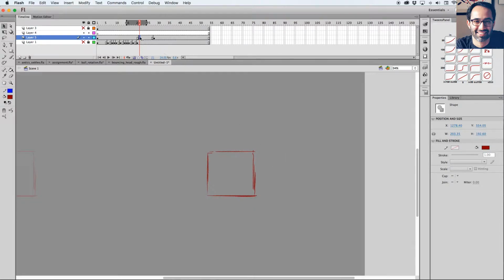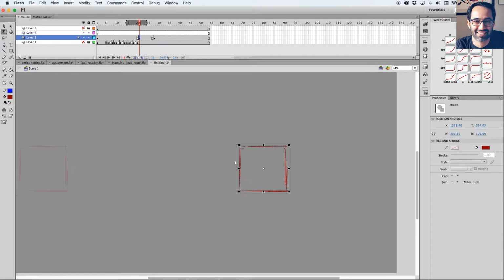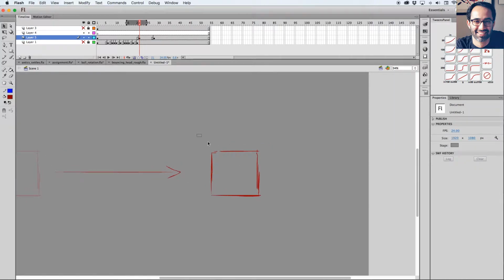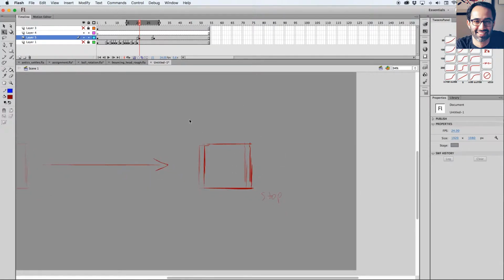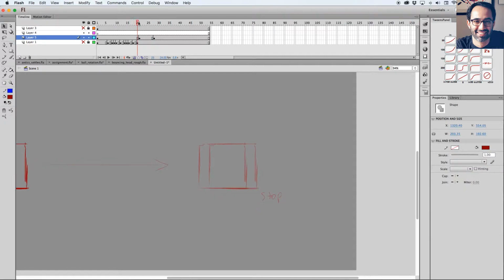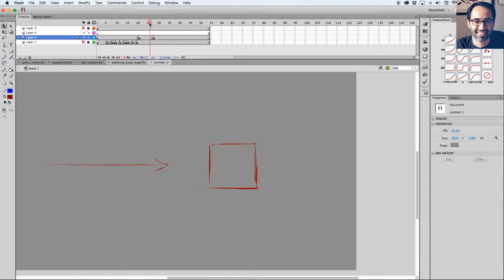So if that's my stop pose, I'm gonna get the same drawing, and my action is coming from here, right? I'm gonna get the same drawing and move it past that position a little bit, right? So I'm stopping here, but before I stop, I go there and then I come back.